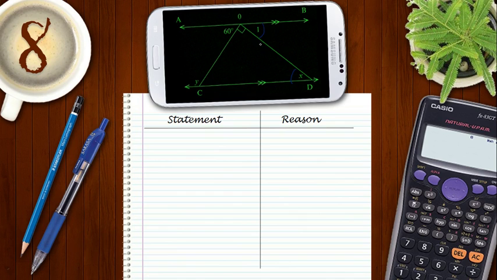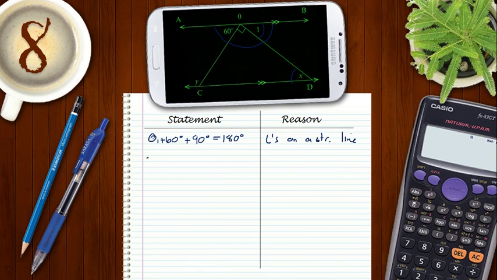If we can find O1, we have X's value basically. So O1, these three angles lie on a straight line, so I can start off by saying O1 plus 60 degrees plus 90 degrees. That's the three angles. They all add up to 180 because they are angles on a straight line.